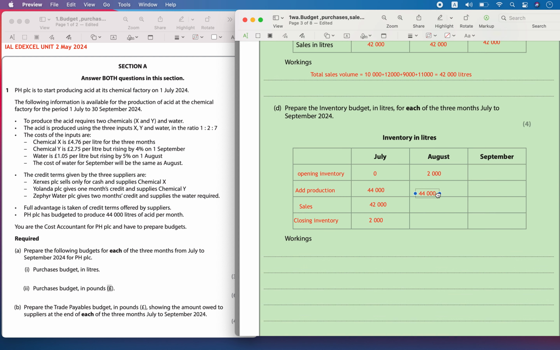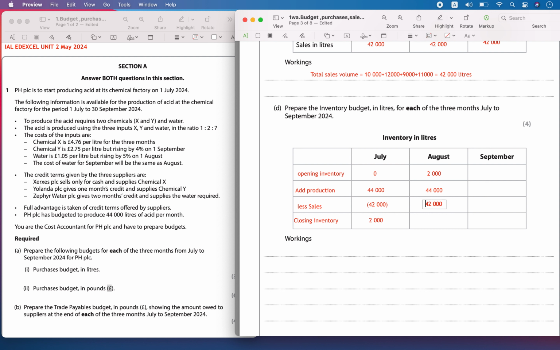Now they are going to make some more, 44,000. They will be able to sell only 42,000. I have to subtract the sales, then only I will know how much inventory is left behind.